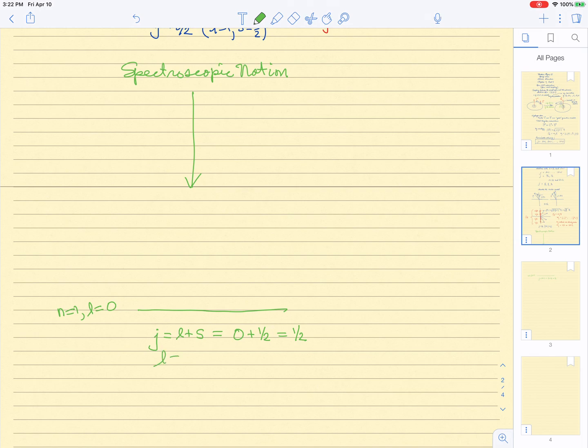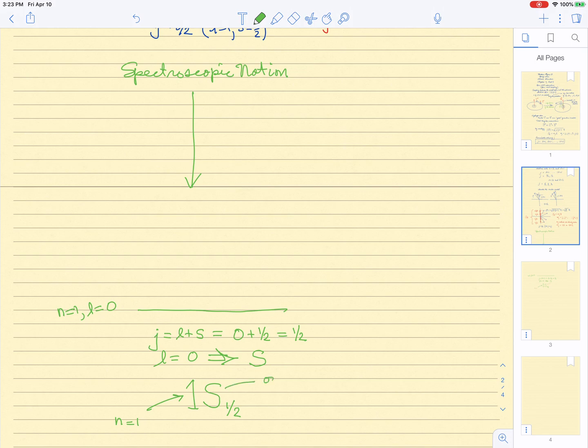L equals 0 corresponds to an S orbital, and we use capital S in this notation. And so then the ground state is going to be a capital S. It's n equals 1, so there's a 1 out in front here. And then this is 1/2, where that's the total angular momentum.